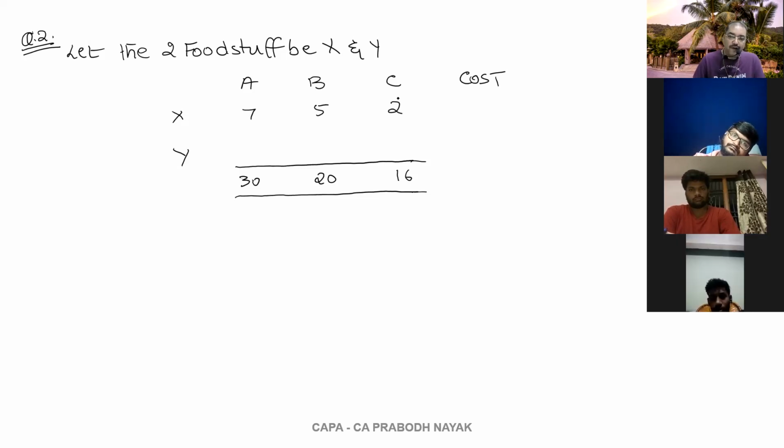The second one, Y, provides 2, 4, and 8 units. The first foodstuff, X, costs me 3 rupees per gram, and the second one costs me 2 rupees per gram.